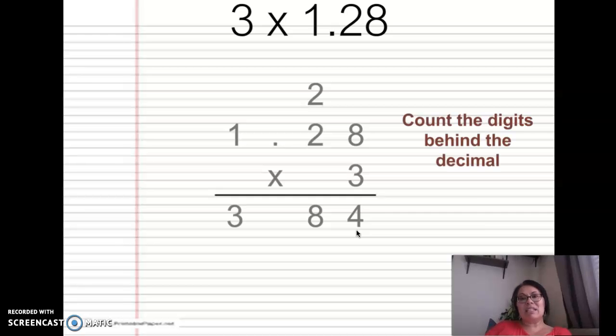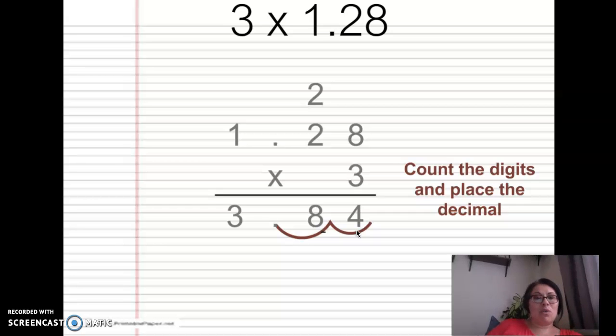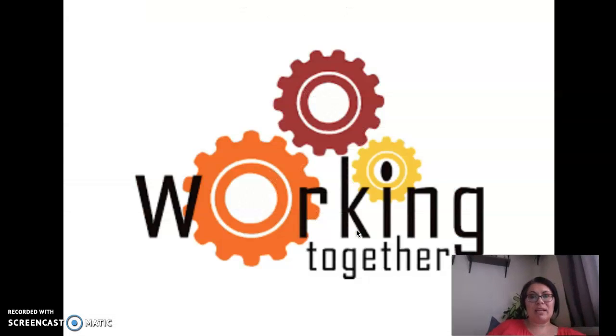Next, count the digits behind the decimal. We have 1, 2, and place our decimal. That means our answer is 3 84/100ths.